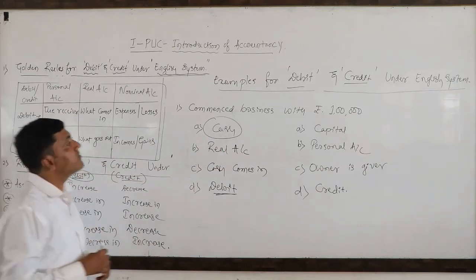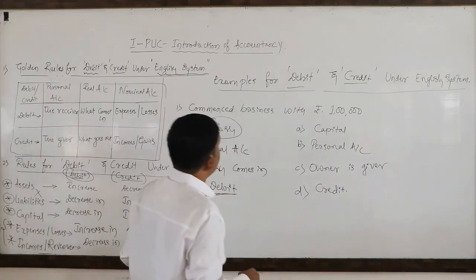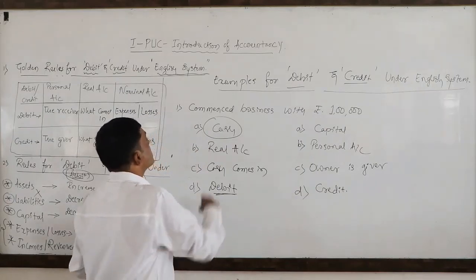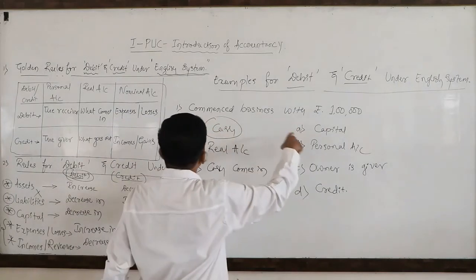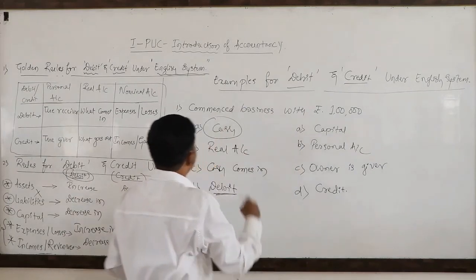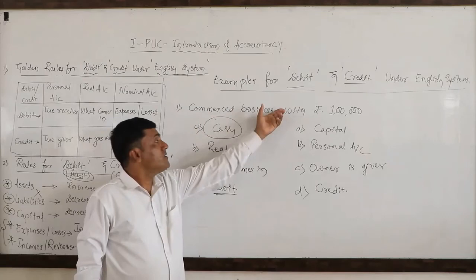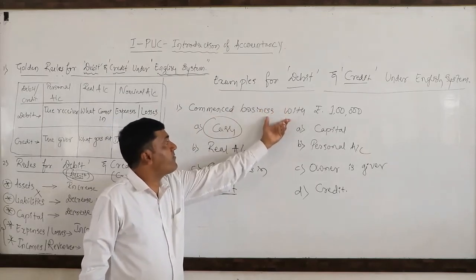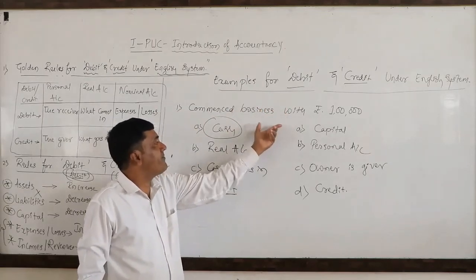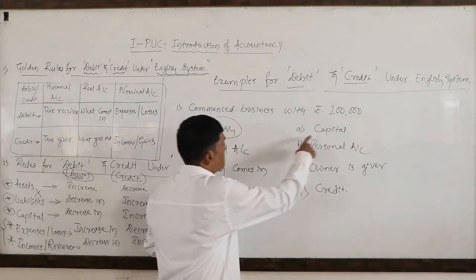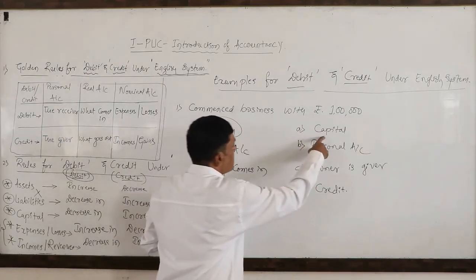So here I have given one example for debit and credit under the English system. With regard to this business transaction, we can say it is the rough book entry. In this entry we have identified twofold aspects: one is cash, another one is capital.